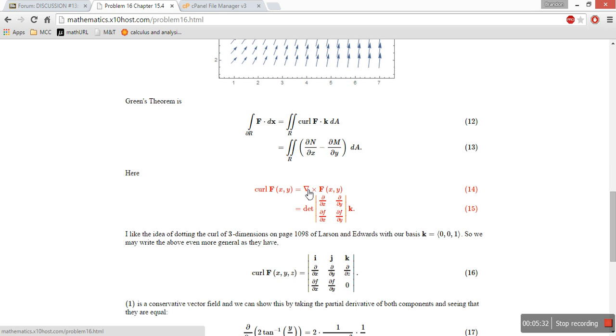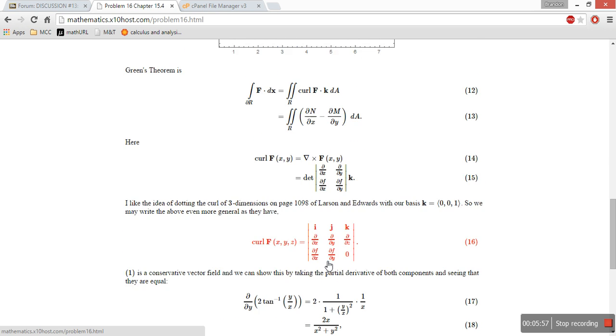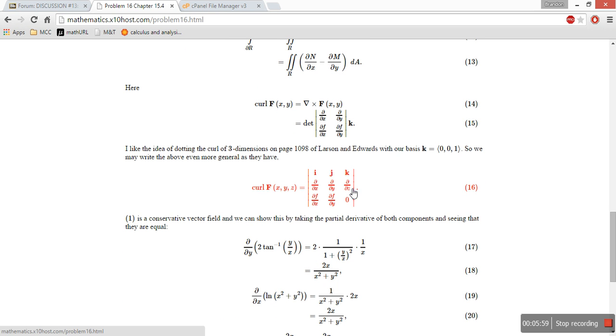Another thing to note is that since the curl of our vector field is equal to nabla crossed with our vector field, it's equal to the determinant. So we can flip this side or flip this side, it doesn't matter, but in this case, we're ending up with the k component because the x component and the y component don't exist. They disappear from the determinant, so we can see that in the textbook they actually write it out so that we can see that they disappear.